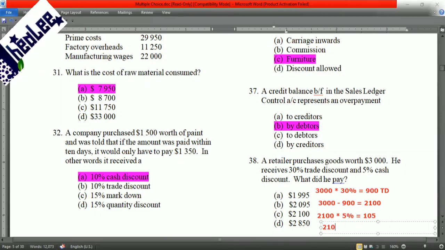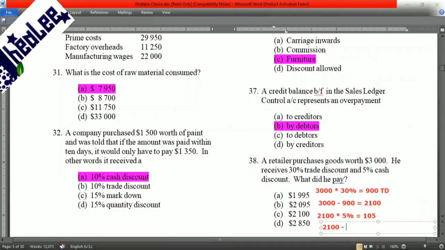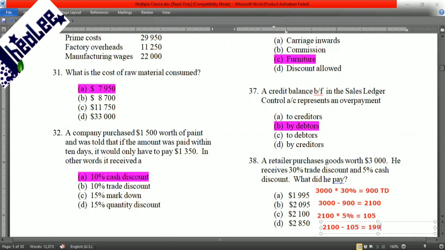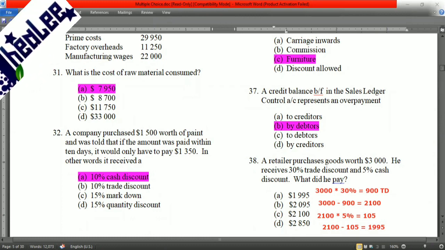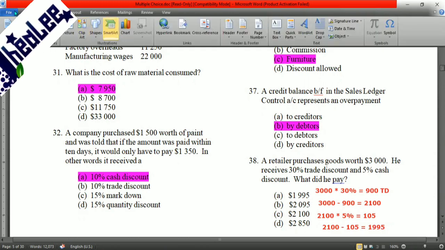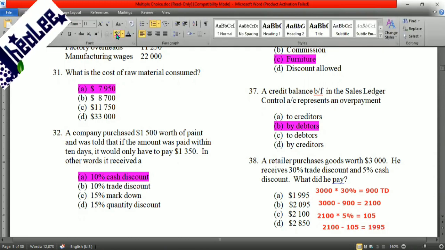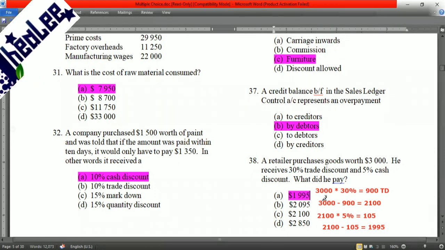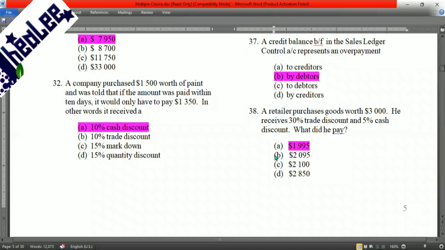It would be 2,100 minus that 105, and that would give us $1,995. So our response for number 38 is A, which is $1,995. So that takes us to the end of this session on multiple choice.